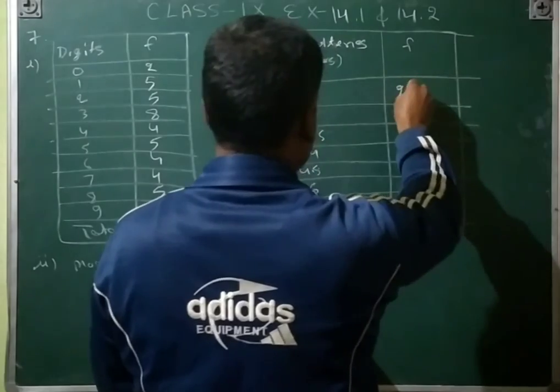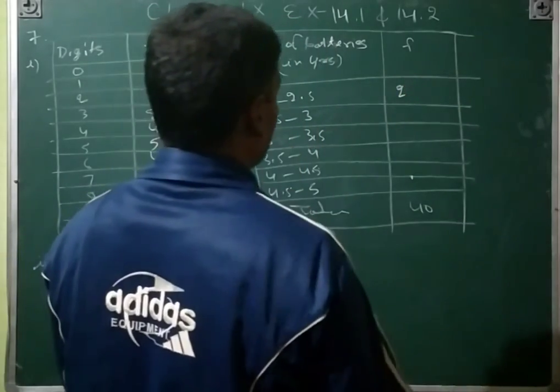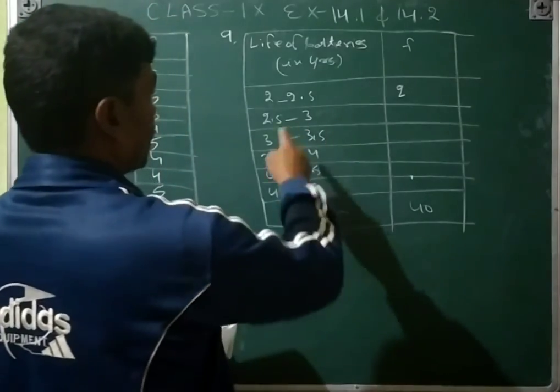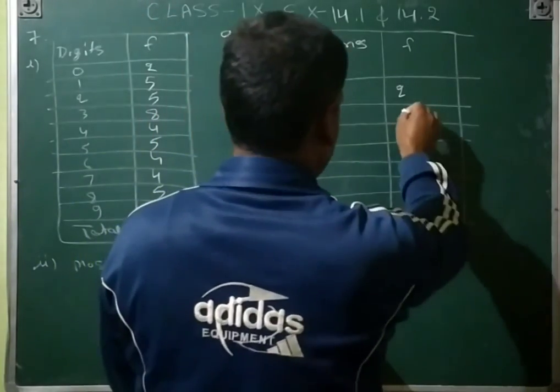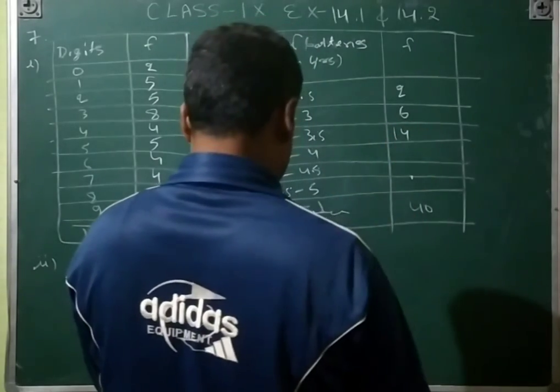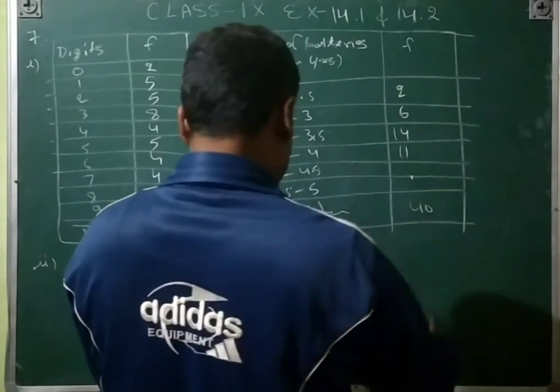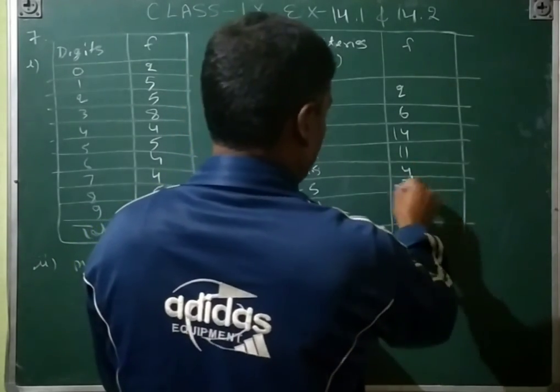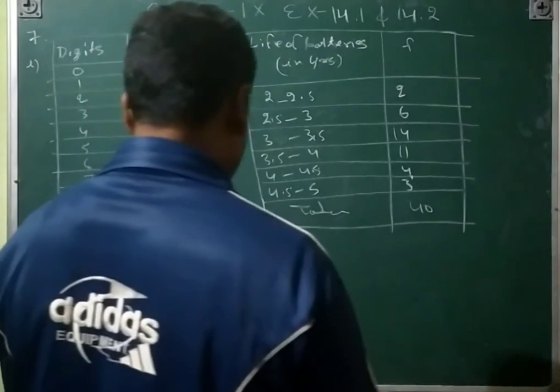Only 2 times. Now here you will take 2.5, 2.6, 2.7, 2.8, 2.9, not 3. How many times? 6 times. Similarly 14 times, then 11 times, now 4 times, and then 3 times.